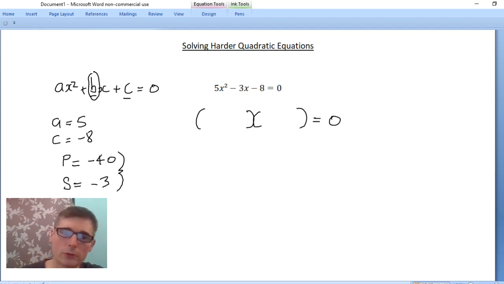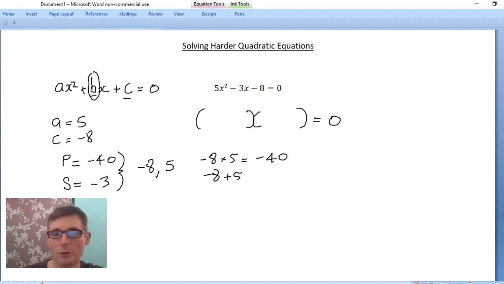So two numbers which would multiply to make -40 and add to make -3 are -8 and +5, because -8 times 5 gives us -40, and -8 plus 5 gives us -3.